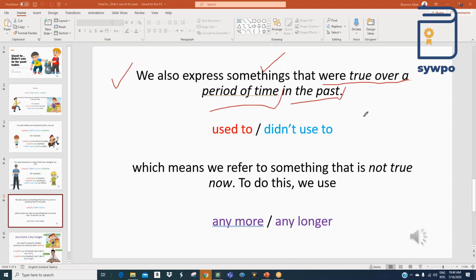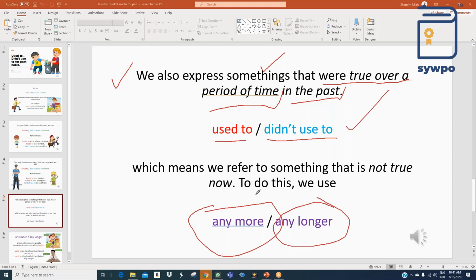So some of the things that you did in the past, obviously, they were true. So when you talk about some things that were true for a short period of time or a long period of time in the past, but today you don't do it anymore, you see, then you use used to talk about it, right?